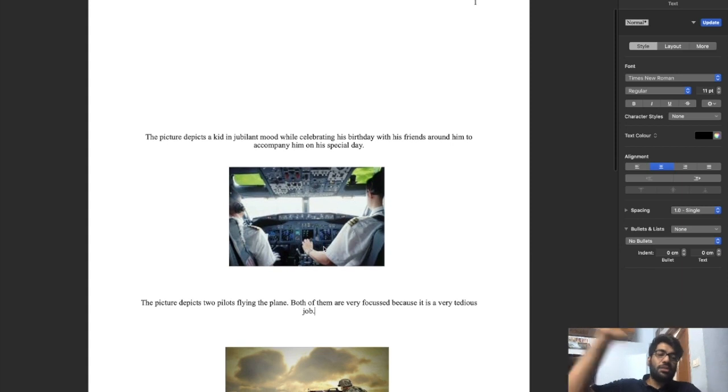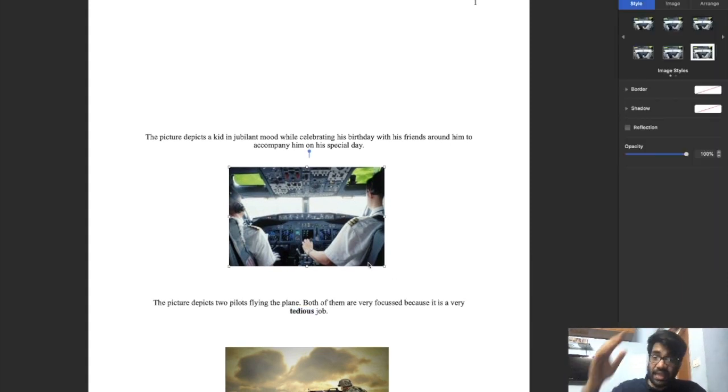All right, so the word that came to my mind was tedious, which basically means tiring. It basically means you have to be very focused. Okay, it is something that requires a lot of mental effort. So the picture depicts two pilots flying the plane. Both of them are very focused because it is a very tedious job.